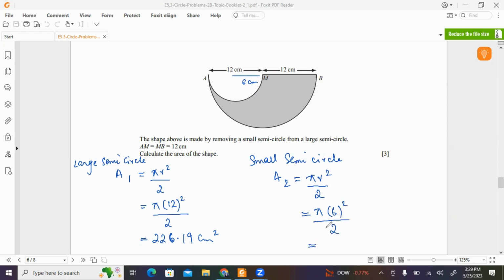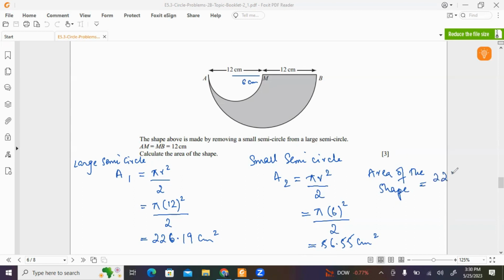So we do 36 divided by 2 times pi, which is 56.55. So the shaded area of the shape is going to be the difference of these two.